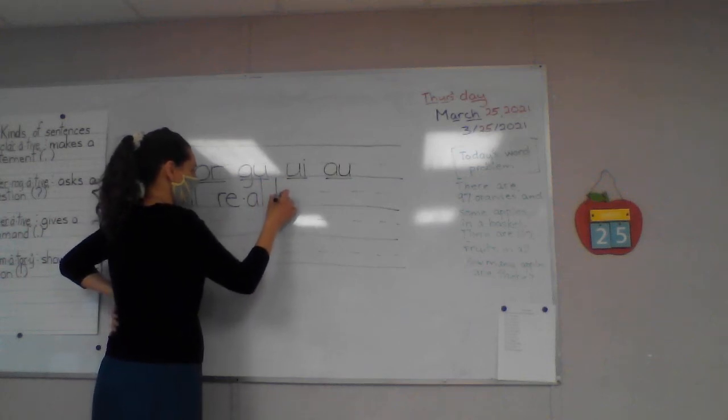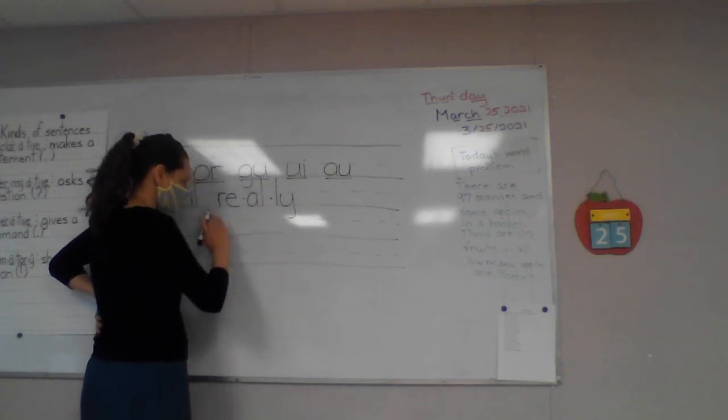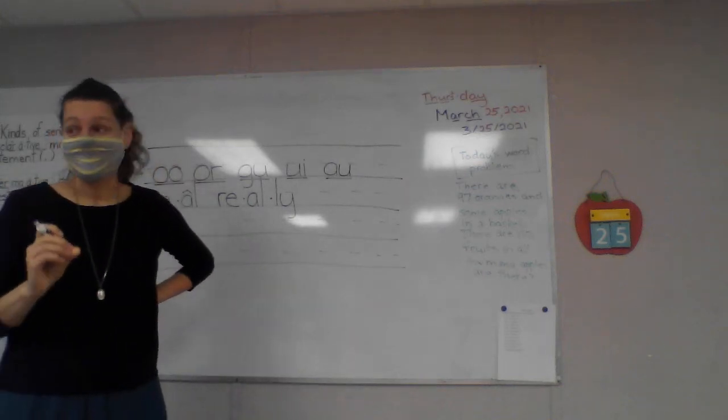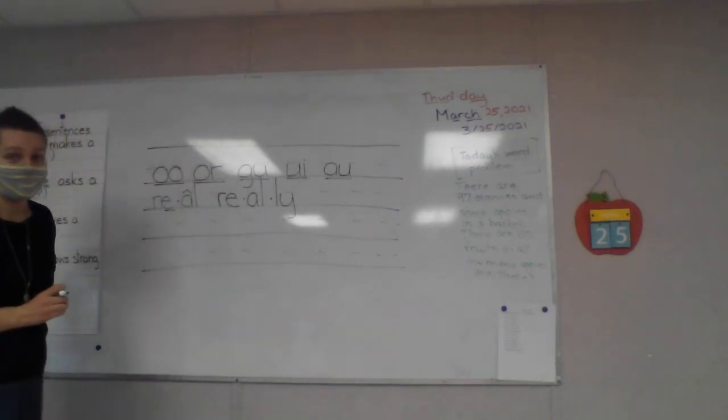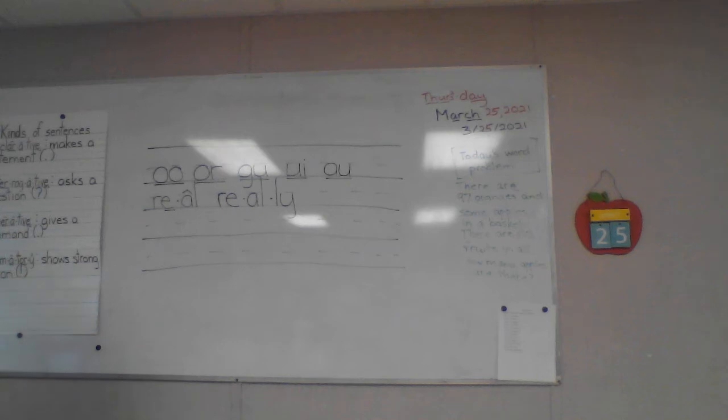Good, yeah. I-E. If we need to fix anything in our word, we're fixing it now, saying the sounds while we're writing them. All right, so pencils are up, voices need to be on, we need to be saying the sounds. Say the sounds from the first one.